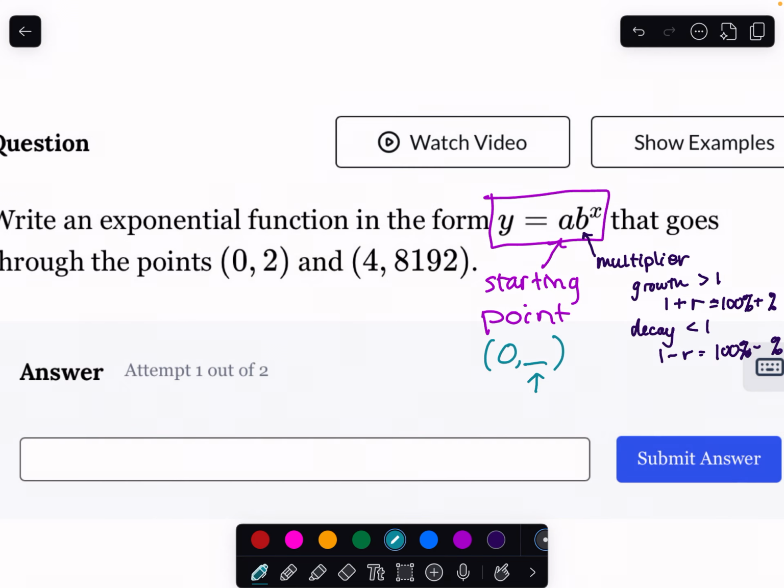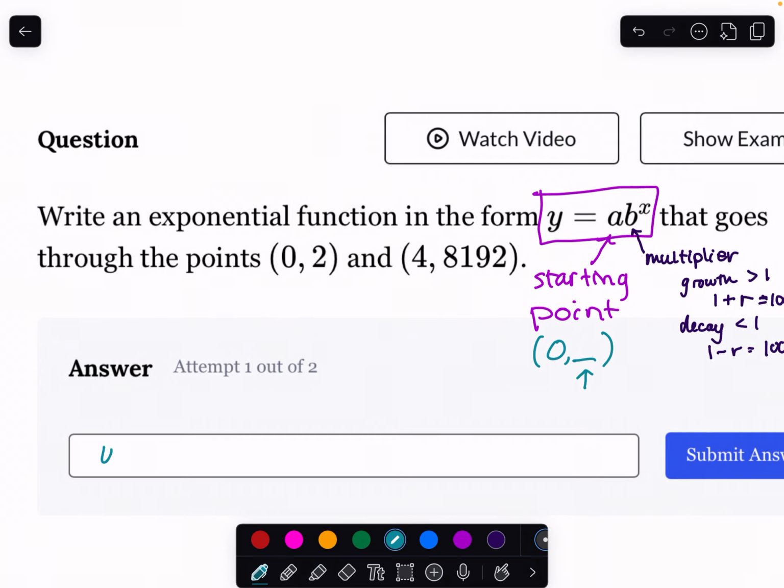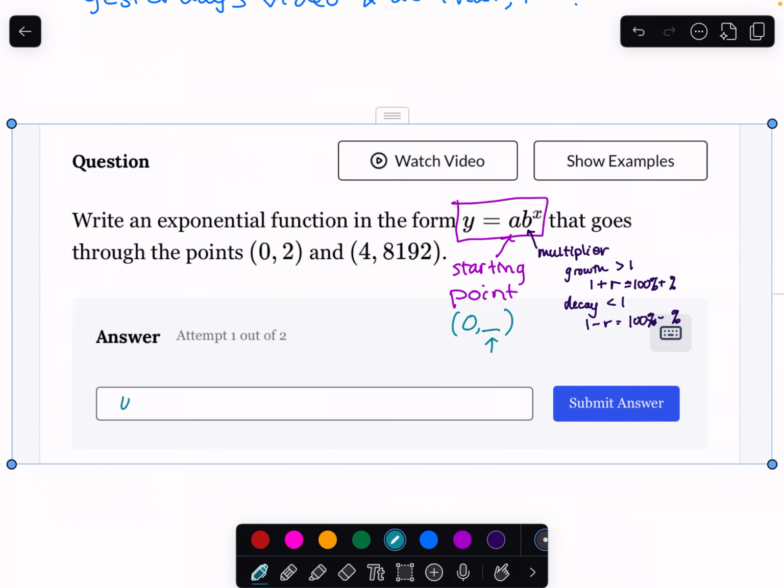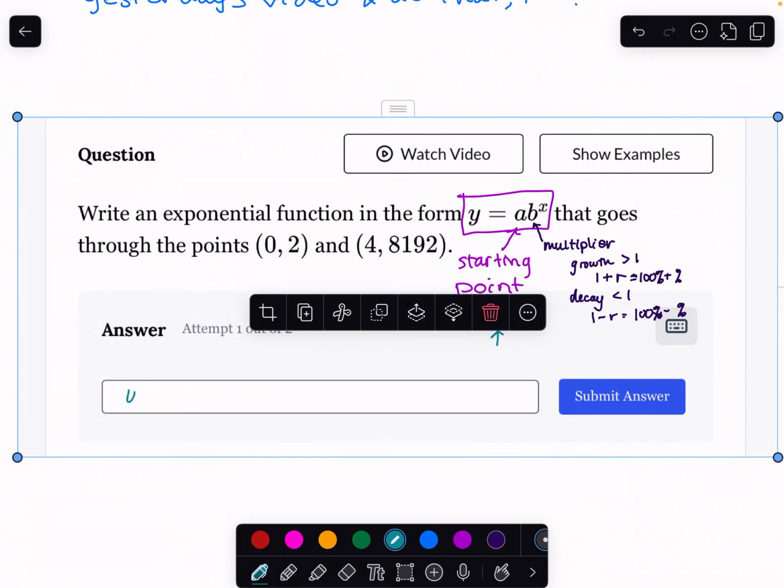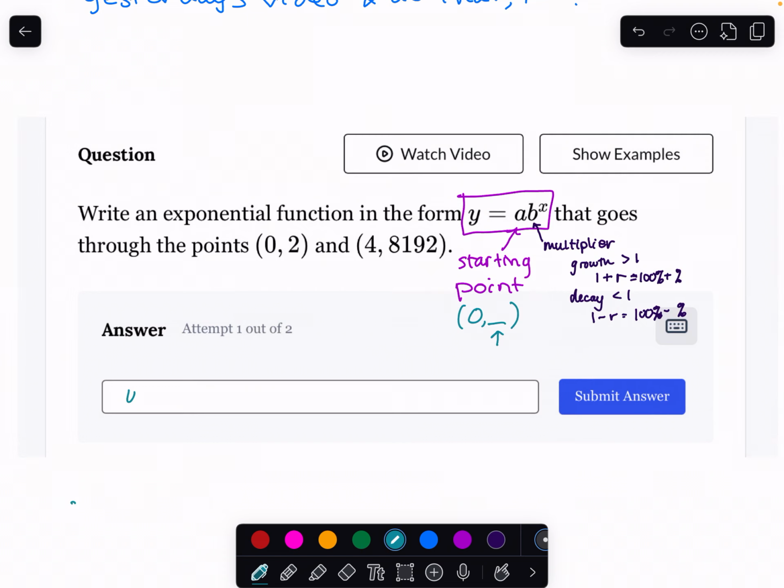So for this problem, we are writing the formula, the function. I think you can do y equals. I don't know if it does that yet or not. I will find out in just a second. Let's finish writing this. So y equals 2, and now we need to figure out that multiplier.